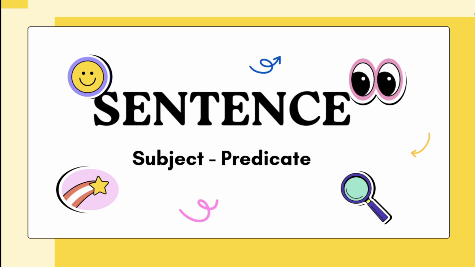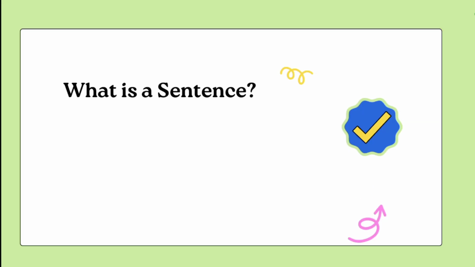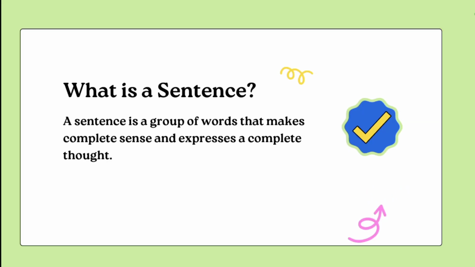So, let's get started. Now, you all know what you mean by a sentence. A sentence is a group of words that makes complete sense and expresses a complete thought.